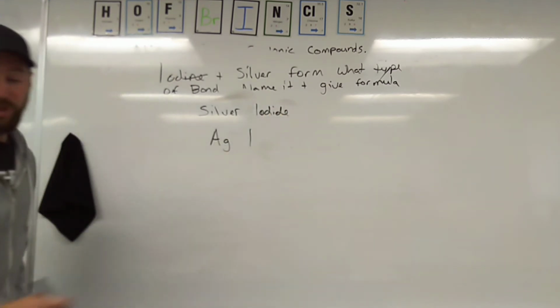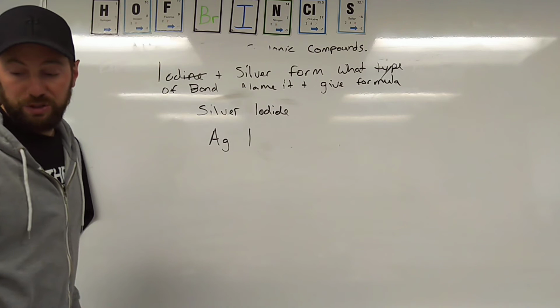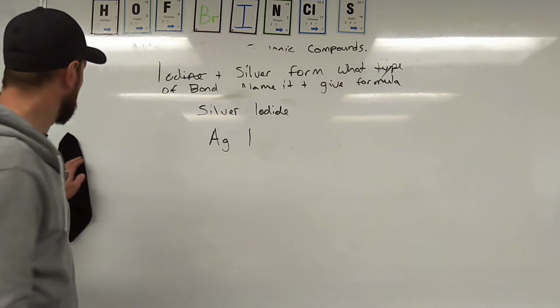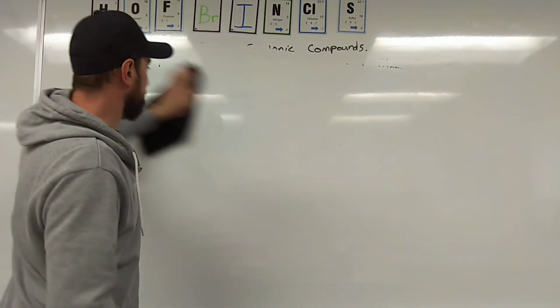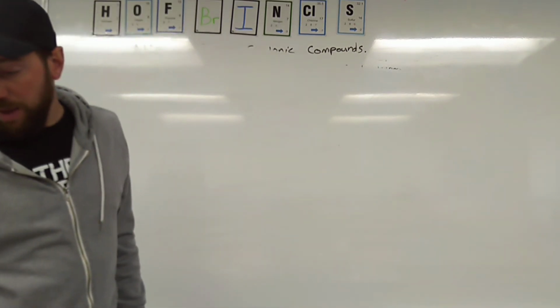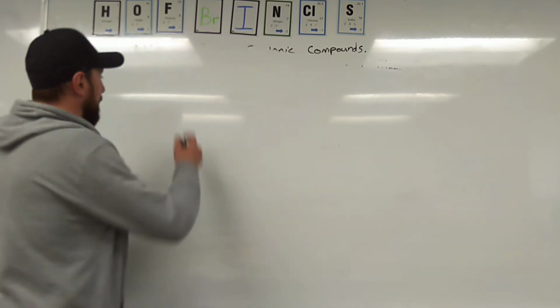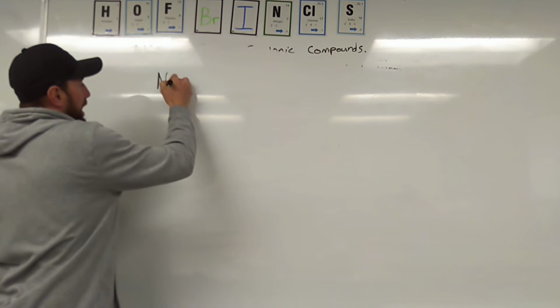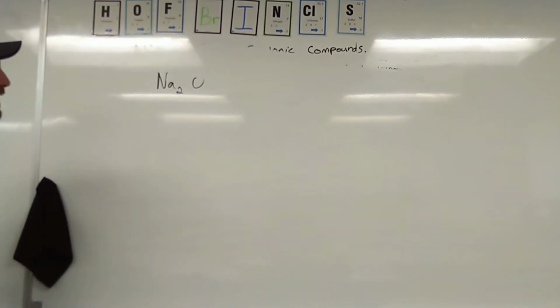Okay? I hope that didn't confuse you, but we'll do another one just to help you guys out. Next one, I'll give you a formula. Na2O. Okay? We're going to name this one.